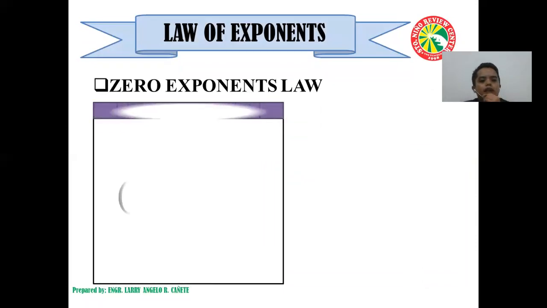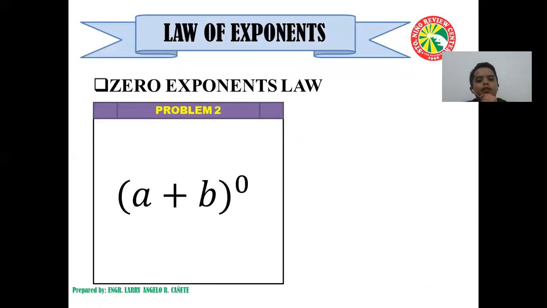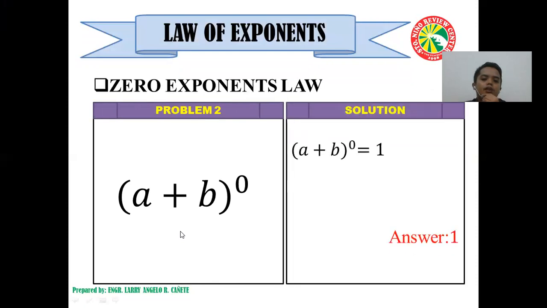Now, another example, this time the quantity of a plus b raised to 0. Same with example 1, the answer is 1 because the whole quantity here is raised to exponent 0.